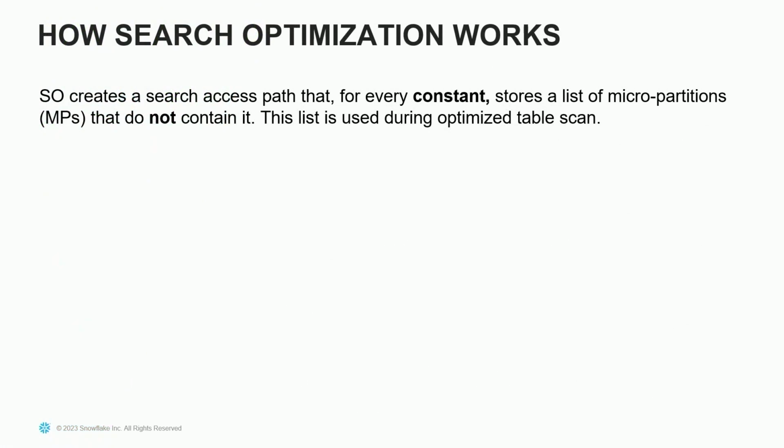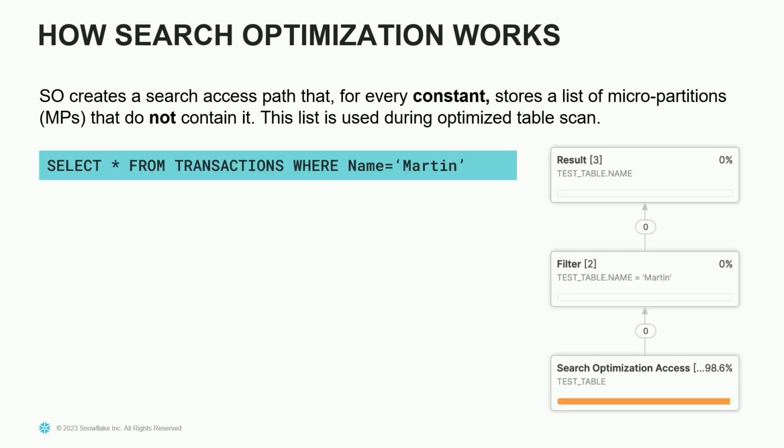So let's look at how search optimization works in a little bit more detail. Like I was saying, we built a special data structure. Essentially, you can think of an index, which tells that for a given value, which are all the micropartitions that don't contain that value. So for example, there is a query here where you're trying to find all transactions made by Martin.